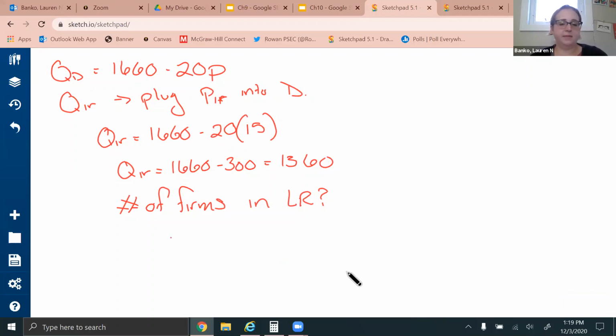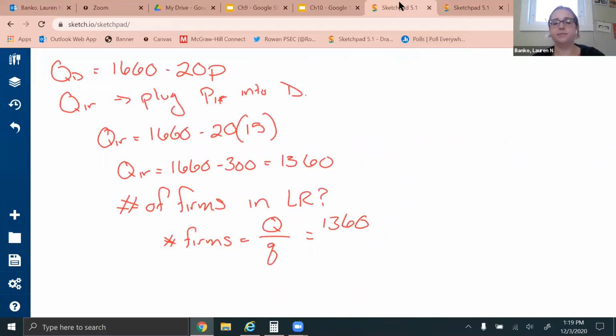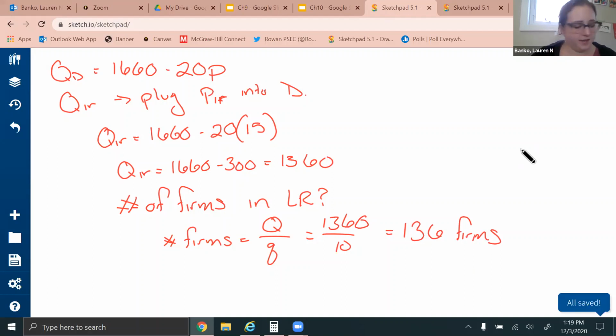The number of firms is just going to equal the quantity in the market over the quantity that each firm sells in the long run here. So in particular, the market quantity we just found is 1,360. And then each firm we found over here is going to sell 10 units. And so there's going to be 136 firms.